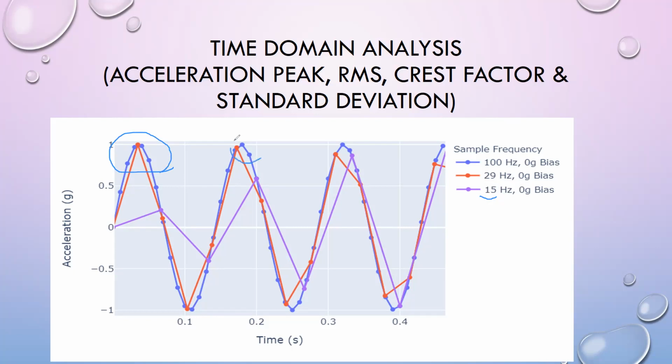And also here, we are missing this data, and these peak points are missed. So when you want to do the peak acceleration analysis and obtain the acceleration peak in your data, it's very important to consider the sample frequency.